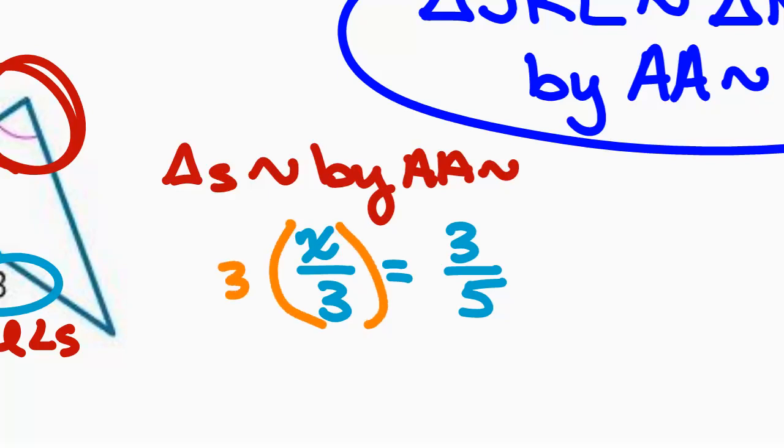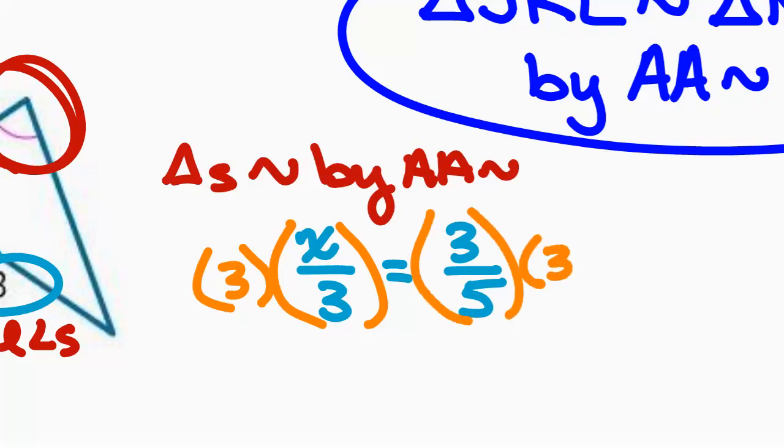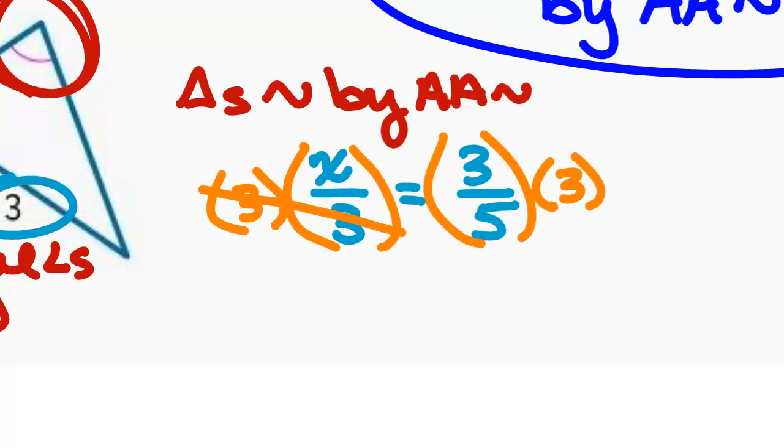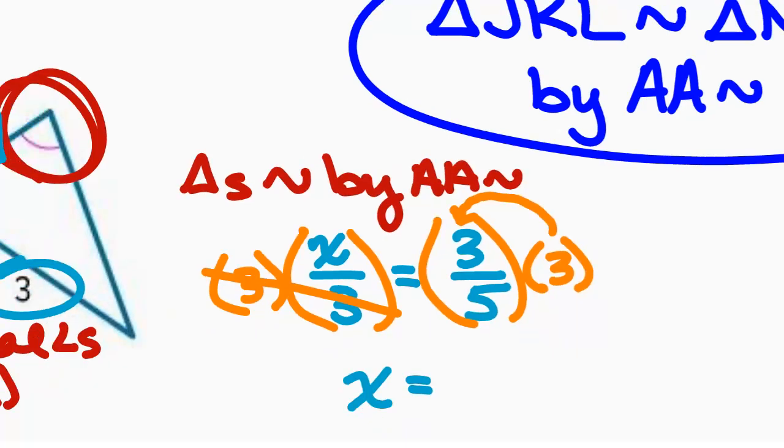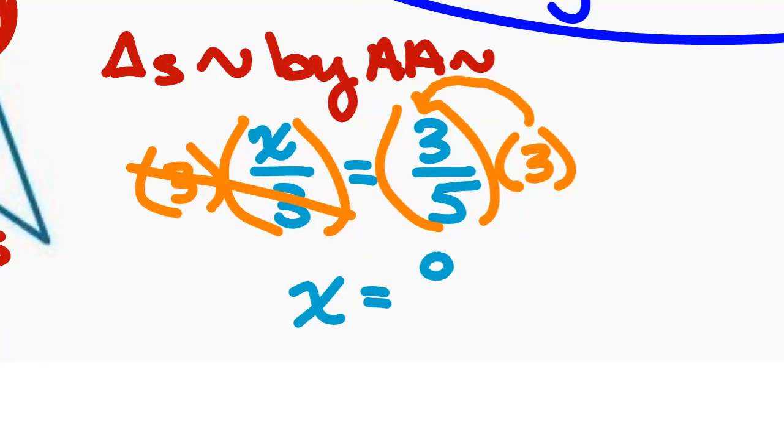Multiply the left side by 3, and we multiply the right side by 3. My 3's cancel out there. I have x equals, when I multiply a fraction and a whole number together, the whole number only distributes to my numerator. So I would have 3 times 3 on the top, or 9, over 5.